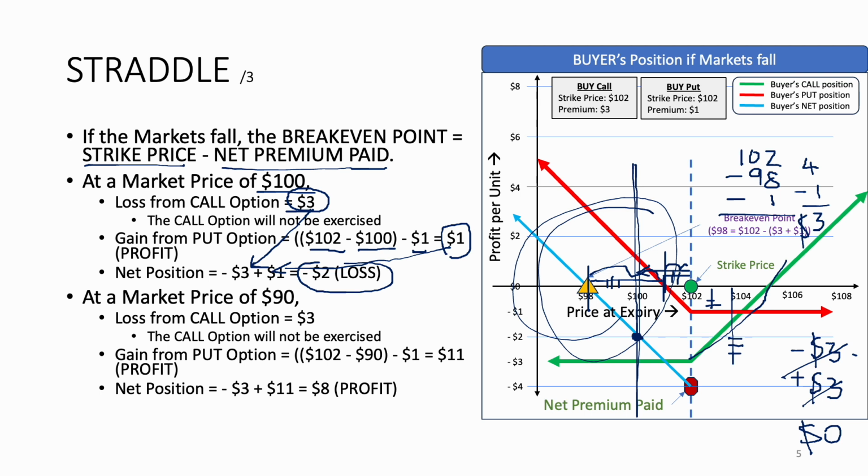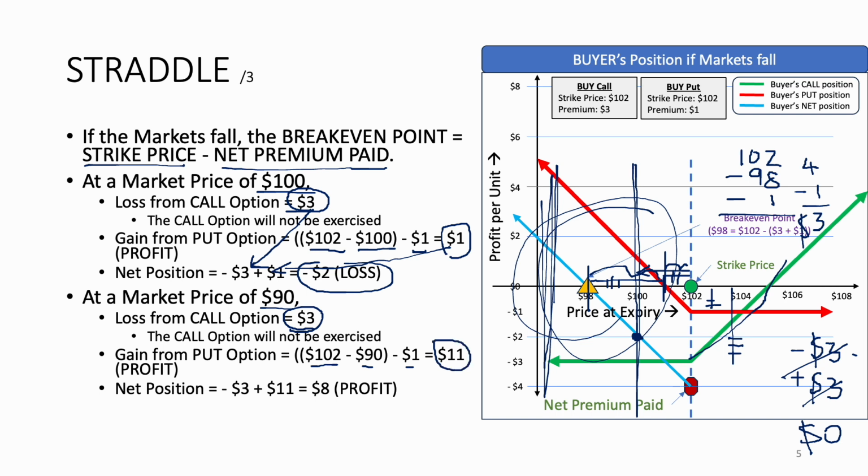Let's analyze one last position, that is at $90 market price. So $90 will be somewhere far away. Let's say this is somewhere here, and the market has fallen below the strike price of the call option, so the call option will not be utilized. So we will give away $3, which is a loss for us, and the strike price of $102 minus the market value of $90 minus the premium of $1 will generate a profit of $11.